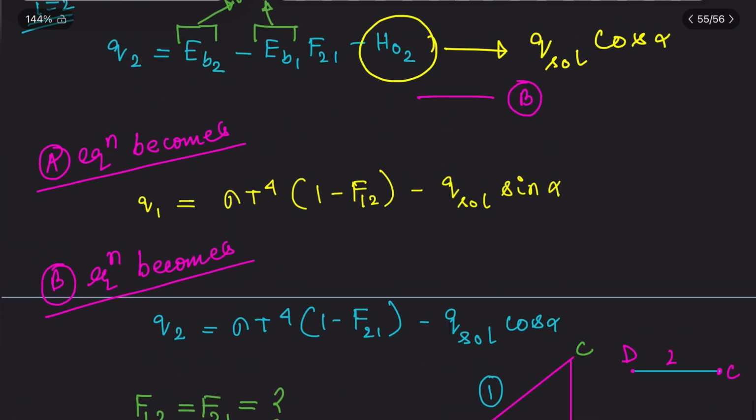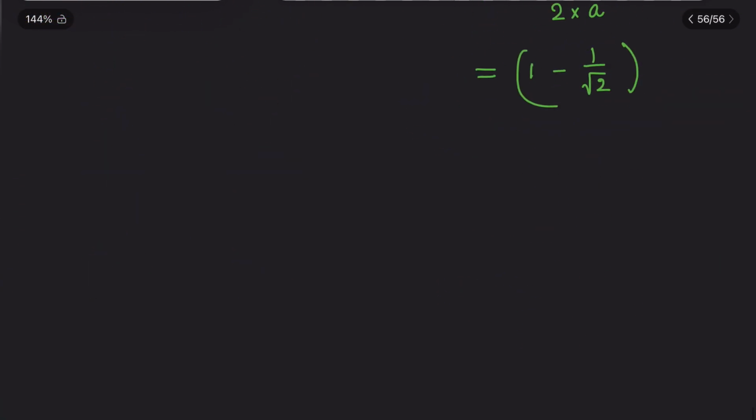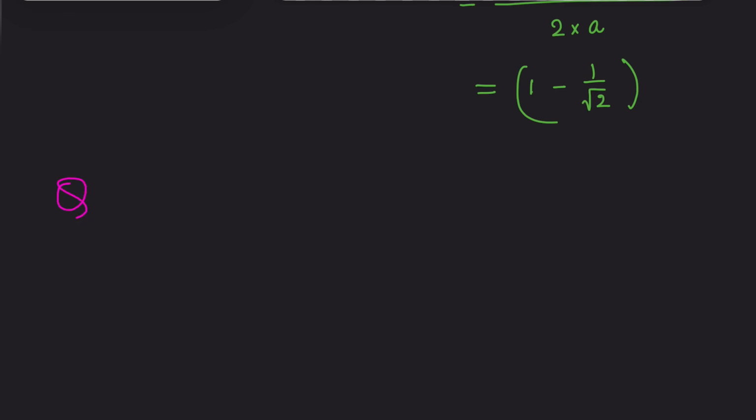So let us find the final answer. Then the final answer, Q1 plus Q2, we know that it is A into Q1 plus Q2.